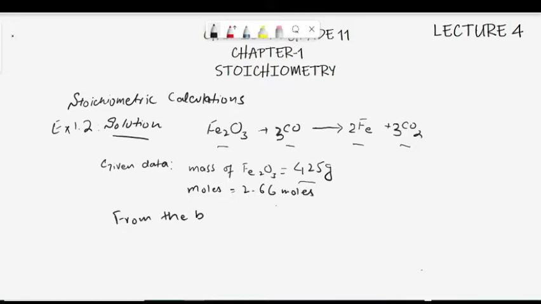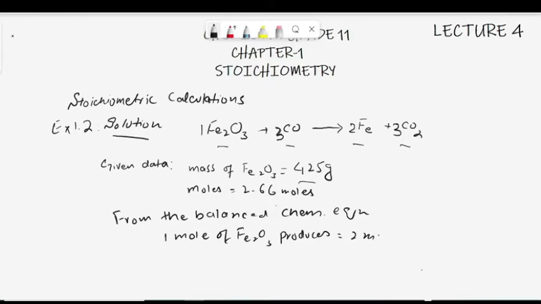Now, from the balanced chemical equation, we know that 1 mole of iron oxide produces 2 moles of iron.